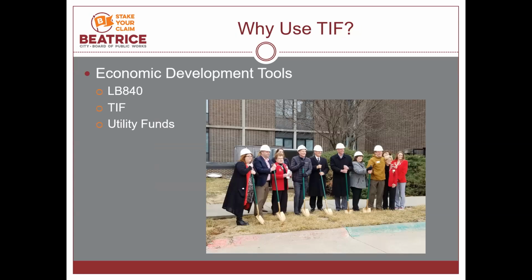We have some utility funds that we can help with, maybe an electrical build out. But again, it's just hard to use electric funds to build a street. Those become difficult to do. And so you start looking at it, there's just not a lot of tools out there. And so that's why we rely heavily on TIF to help make projects viable and get those developments here into our community.